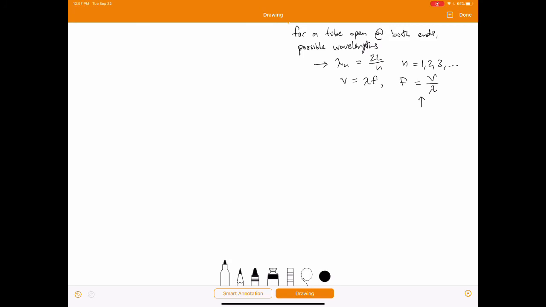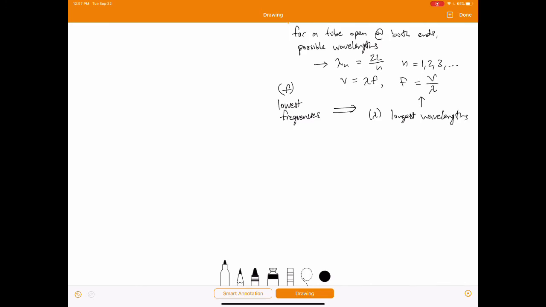And then we'll get the corresponding frequencies by taking v divided by lambda. Now, we want the lowest frequencies, and that's f, by the way. And since f and lambda are inversely proportional to one another, we must be talking about the longest wavelengths.